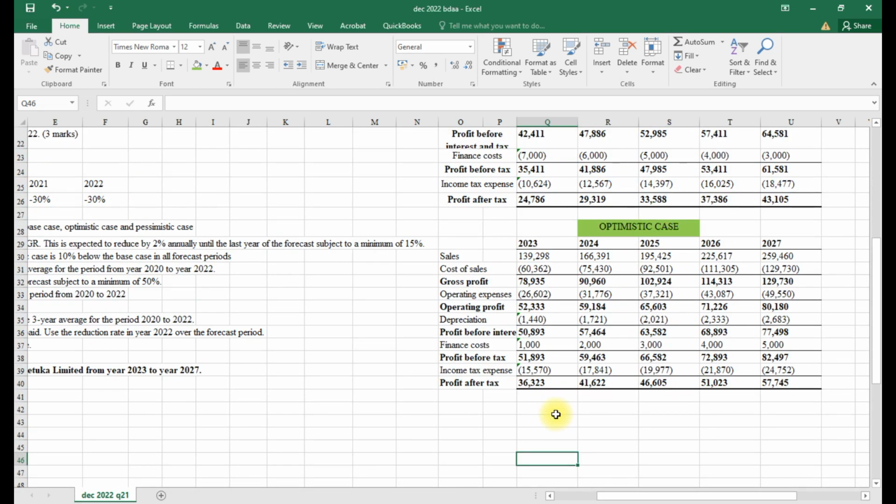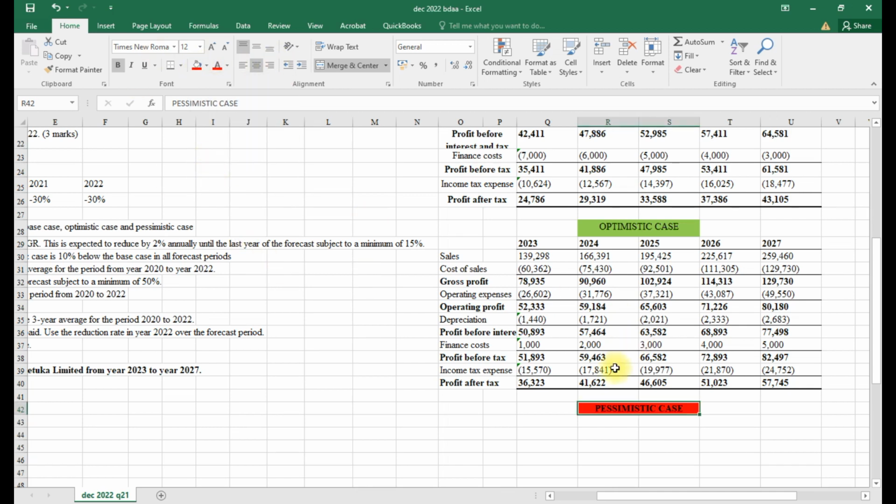We go to the third, pessimistic case. For the pessimistic case, we'll merge this, and I bold that. I'll change the color for pessimistic.